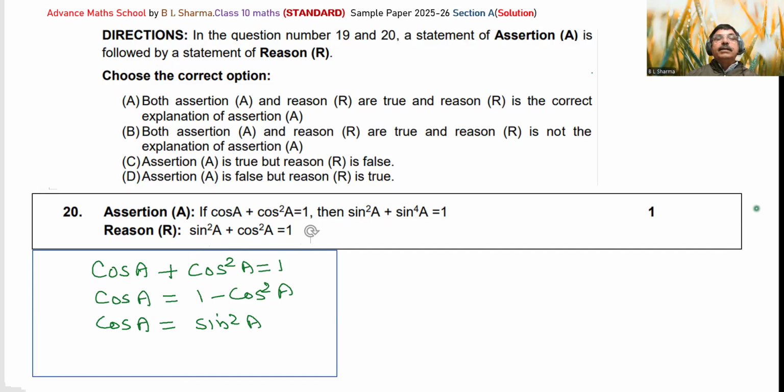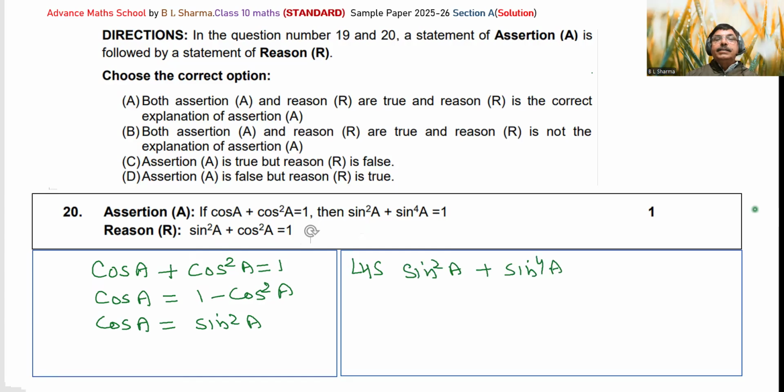Now we move to the reason and verify it. LHS is sin square A plus sin 4A. Sin square A is equal to cos A. Sin 4A means the square of sin square A, that is cos square A. But cos A plus cos square A is given equal to 1.